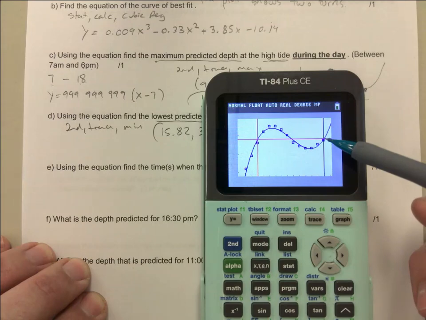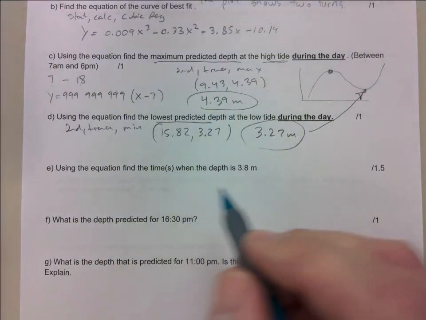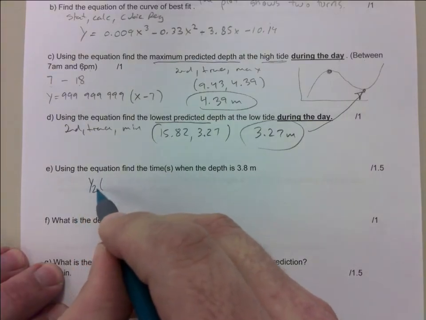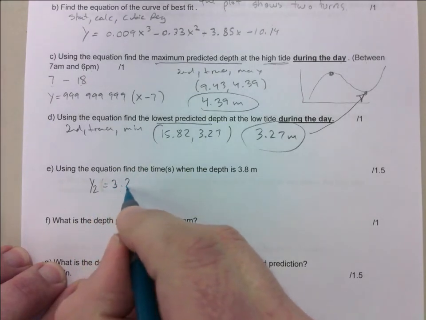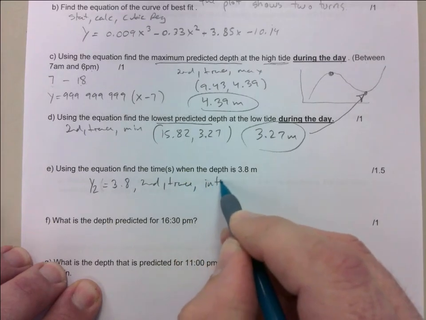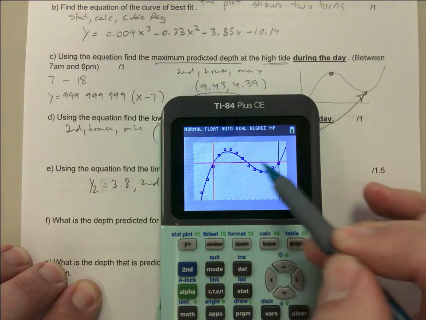I'm going to show you the key here for this one. What we'll do is we'll let Y2 equal 3.8. And then we go second trace intersect. And we'll find the intersection here, here, and here.